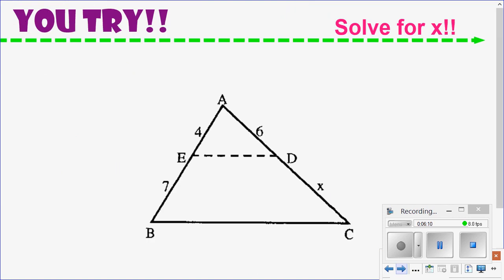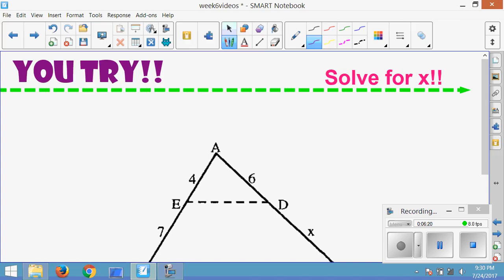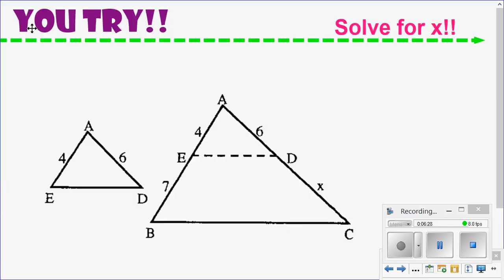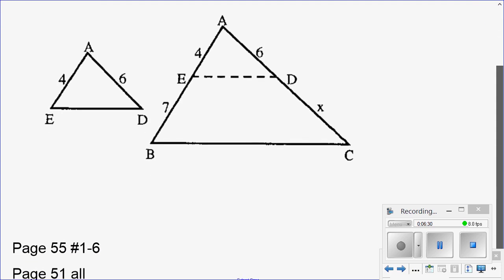So we have another one here. Again, let's try to draw the two triangles separately. So if I grab my grabber here, I now am able to take a look at the two triangles separately.